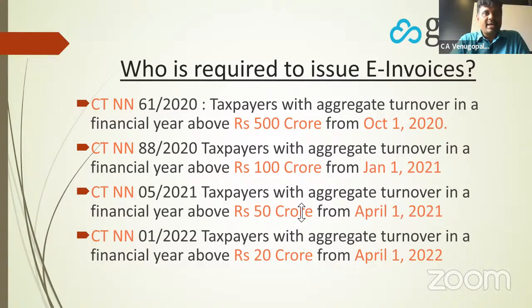The definition of aggregate turnover, Section 2 subsection 6 of the Act, covers all the turnover conducted by the business person. There is confusion that people always say 20 crores, 10 crores means taxable turnover. Take an educational institution, a university, whose predominant revenue is from grants or tuition fees from students.